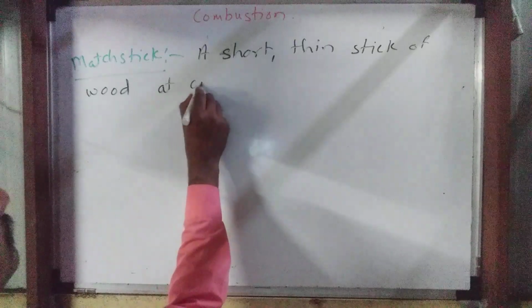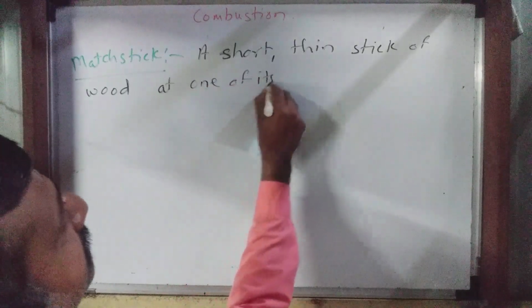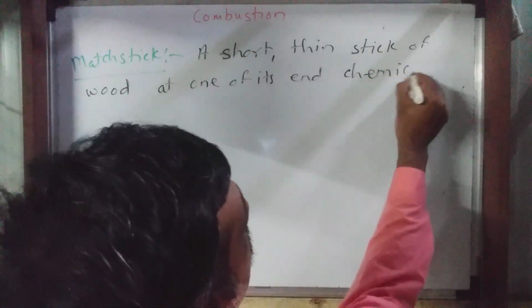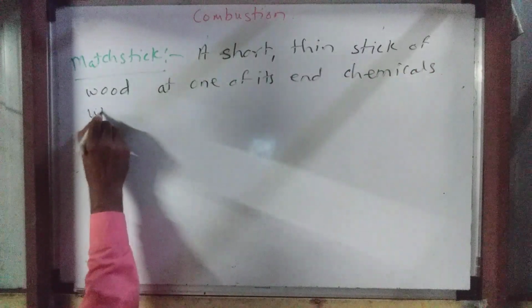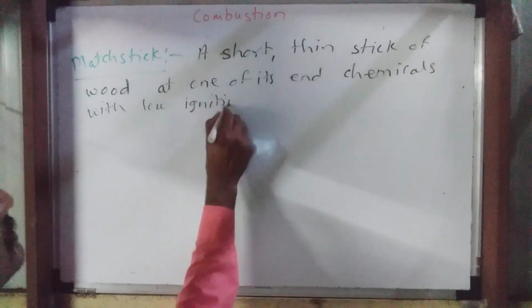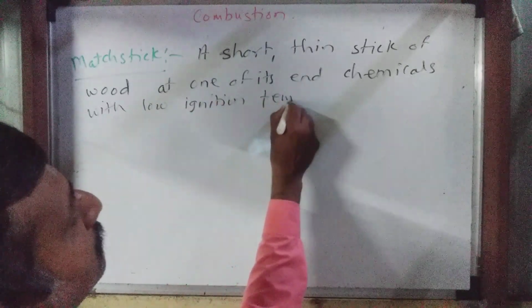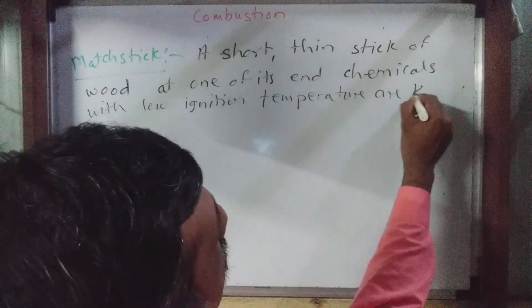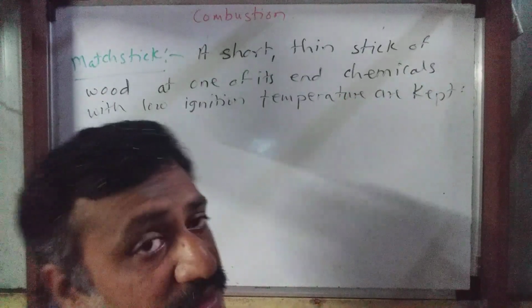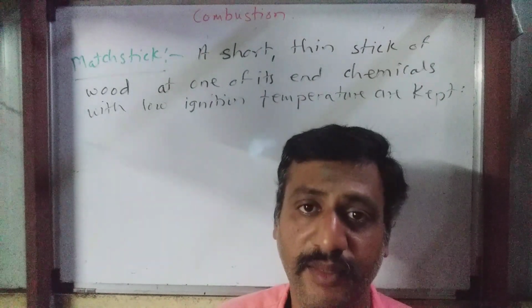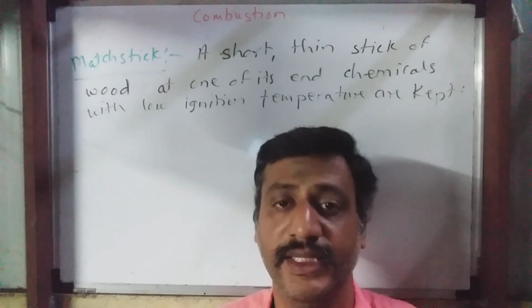At one of its ends, chemicals with low ignition temperature are kept or attached. Okay, the apex of the matchstick, we all know, is blackish, a little brownish colored.